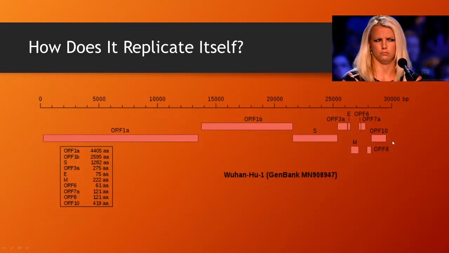Now, how does it replicate itself some more? This is just an image of its entire genome. This genome, you might think, is quite small. This is actually very large for an RNA virus. It's about 30,000, well, it says base pairs, but that's incorrect because it's an RNA molecule, so they're not pairs.